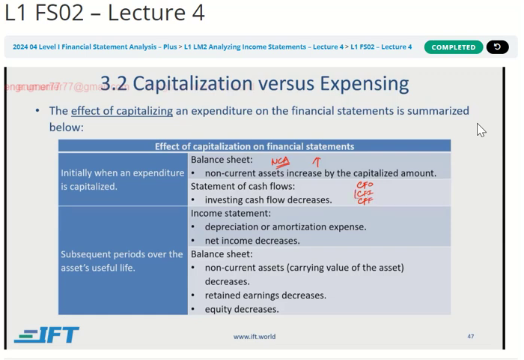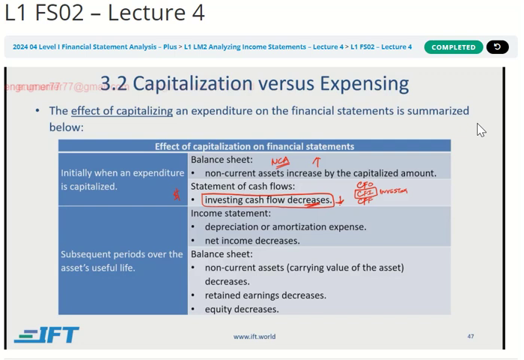Now, buying and selling of long-term assets is investing activities, right? And therefore, all that cash that is going out to purchase this equipment will negatively impact your cash flow from investing activities. So your investing cash flow will go down.